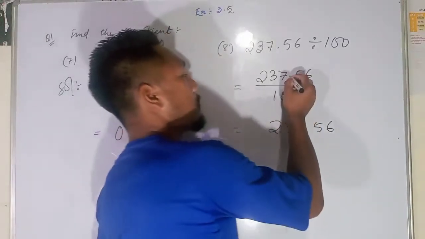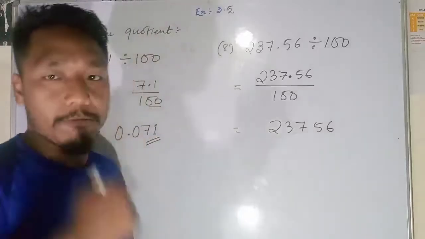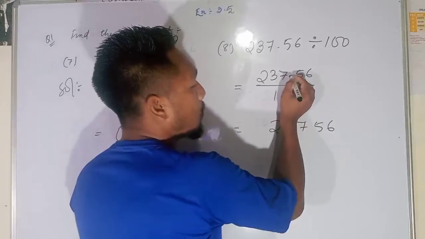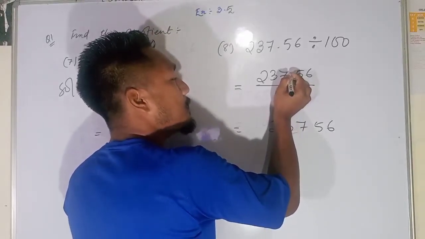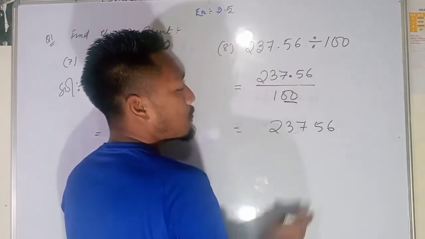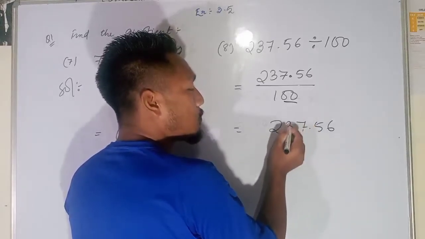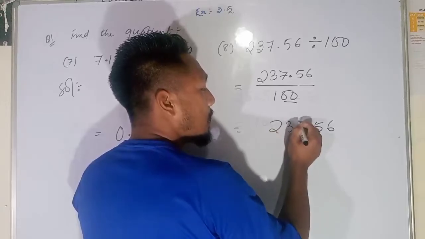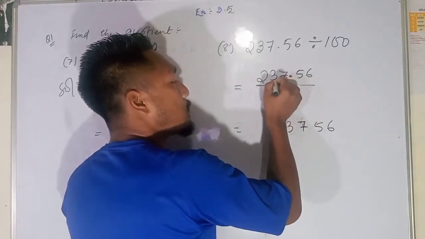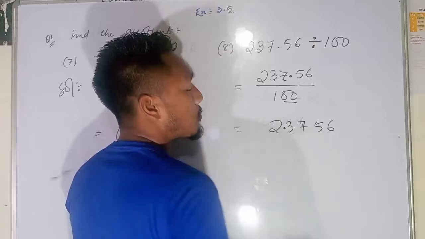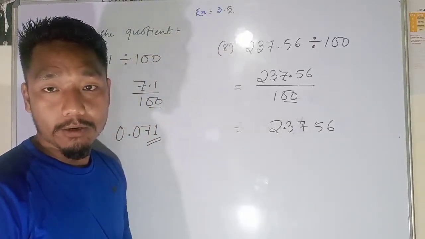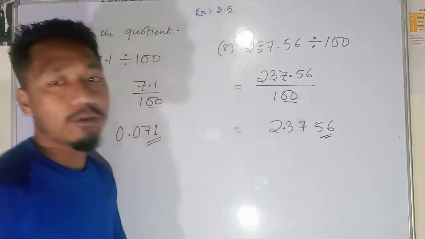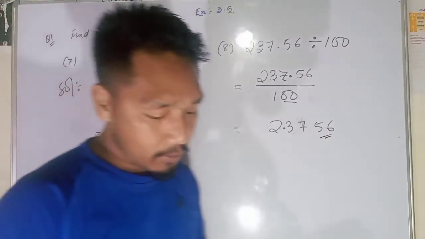Now the point is between 7 and 5, and it will shift toward the left, jumping 2 numbers, because we have two 0s. So I will count from this number: 1, 2. That means just before 3, we'll put the point. So your answer is 2.3756. In this way, we'll solve one more question.